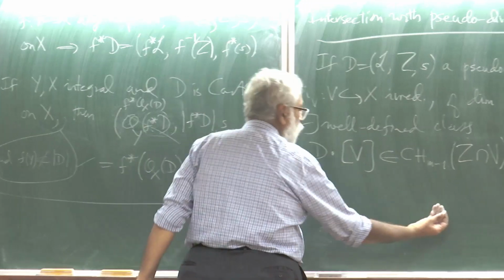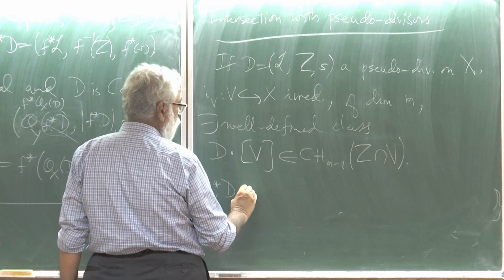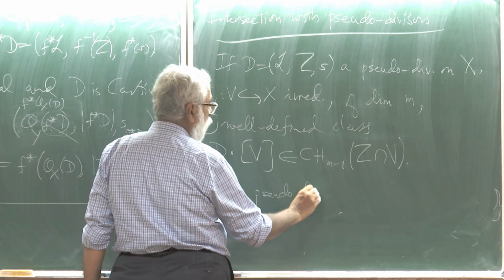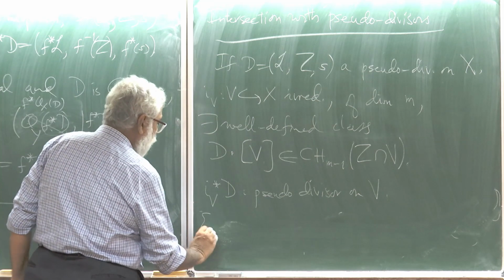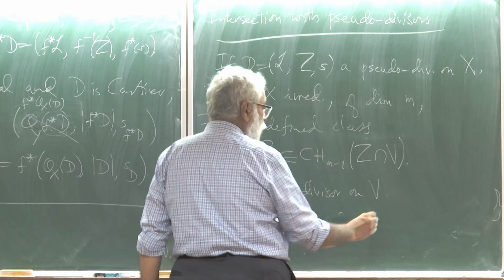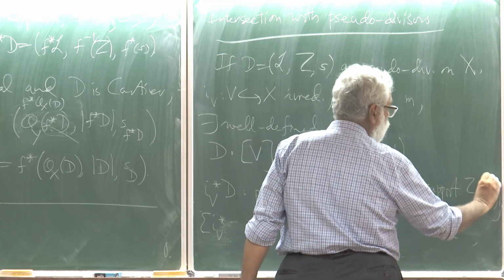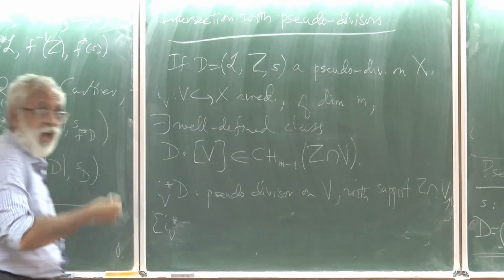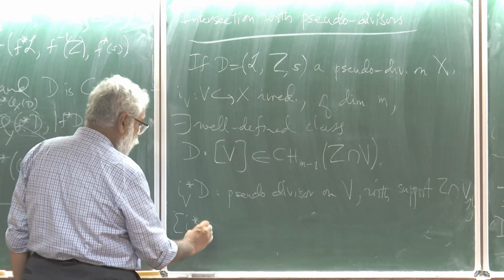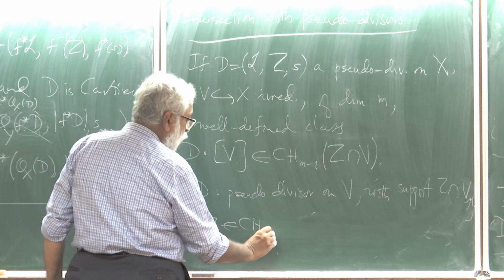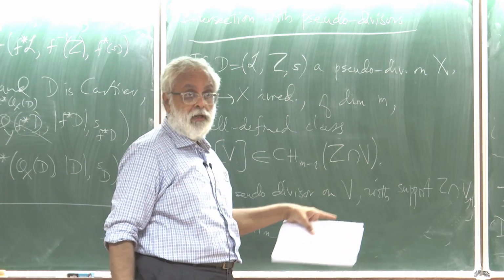Okay. So what you do is you take i_V upper star of D. This is a pseudo divisor on V, and then you take class of i_V upper star D, well, with support Z intersection V. If the ambient thing had support Z, then after restricting, it has support Z intersection V. And then you take i_V upper star D and take its associated cycle in Chow_{m-1} of Z intersection V. Associated cycle made sense because I assumed V is integral.